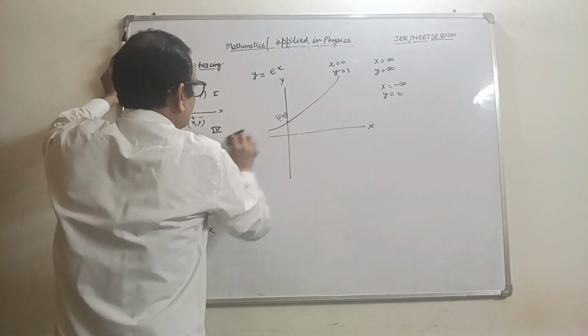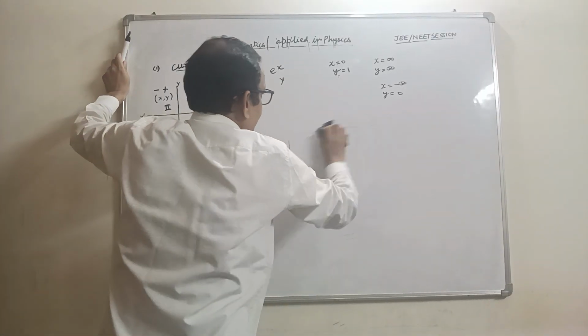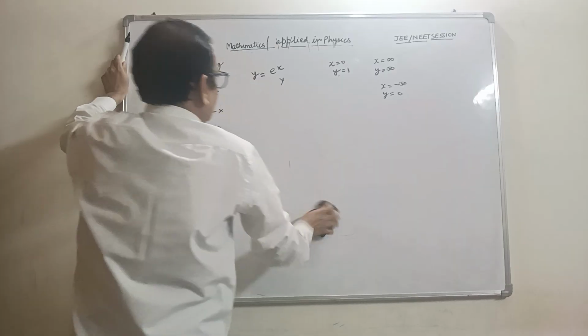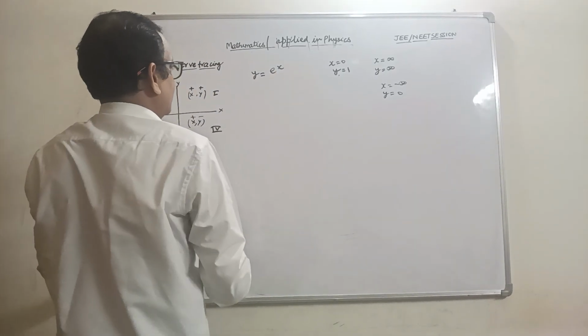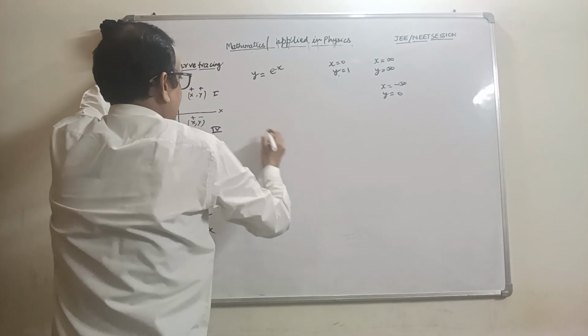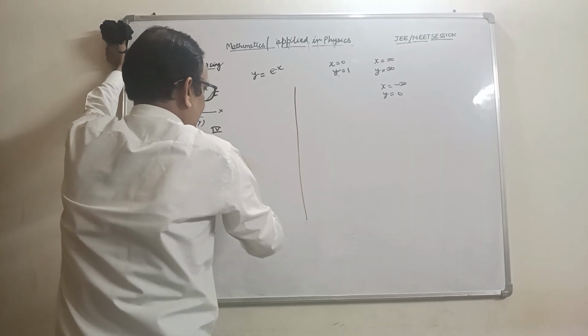For y is equal to e raised to power minus x, the scenario becomes just the reverse.